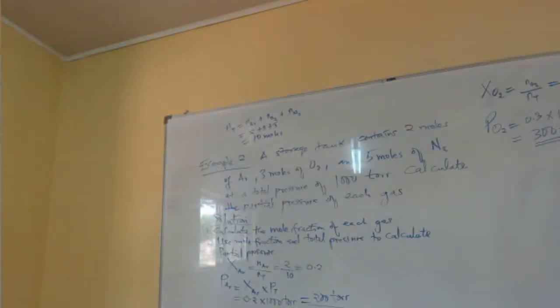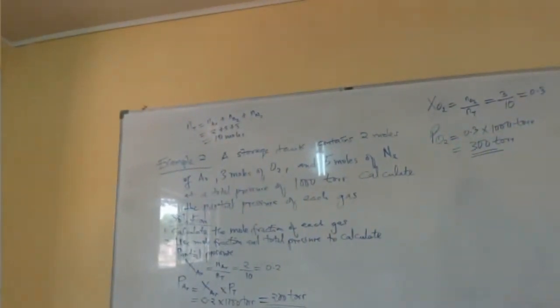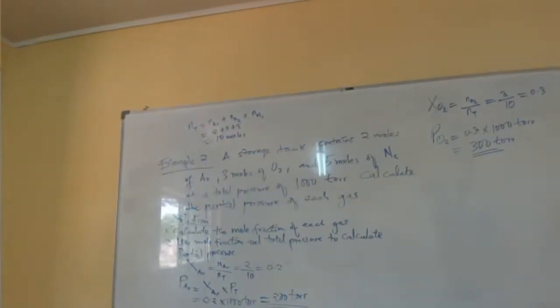Then to calculate for the partial pressure of nitrogen, again we have to calculate the mole fraction. So the mole fraction in this case for nitrogen is going to be equal to number of moles of nitrogen gas divided by the total. So the number of moles of nitrogen are 5 divided by 10, that will be 0.5.